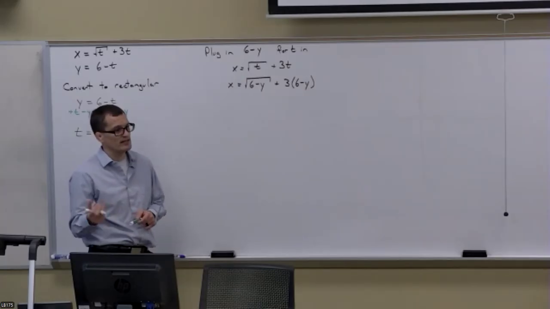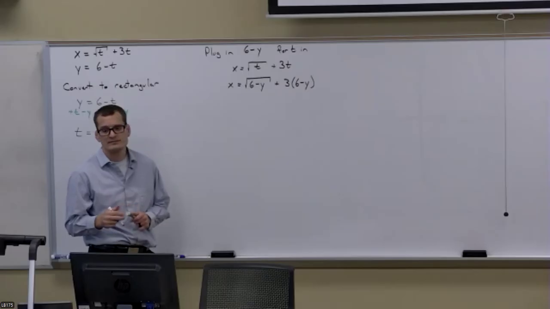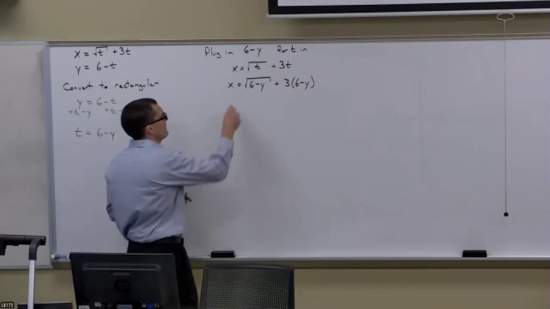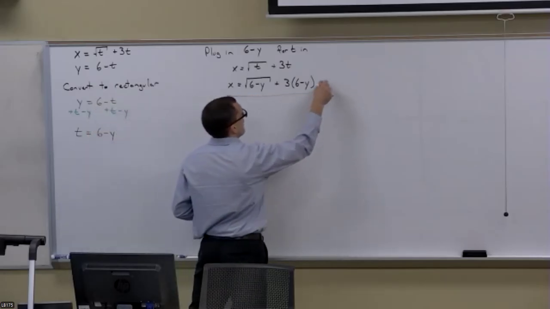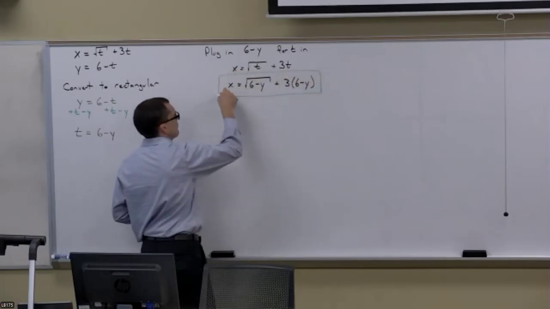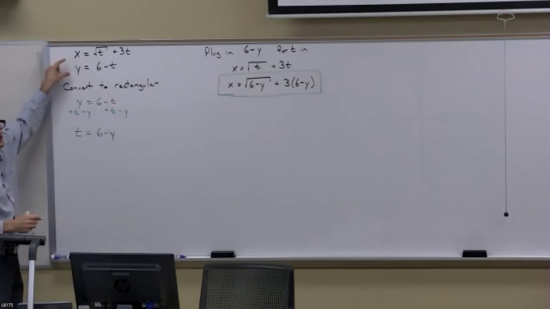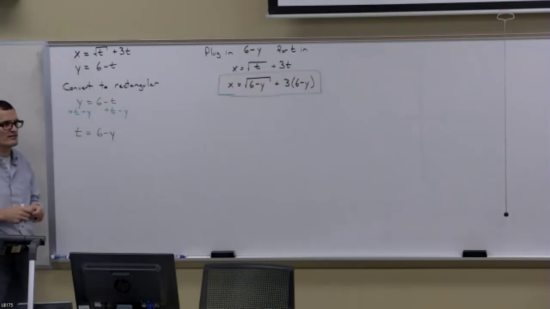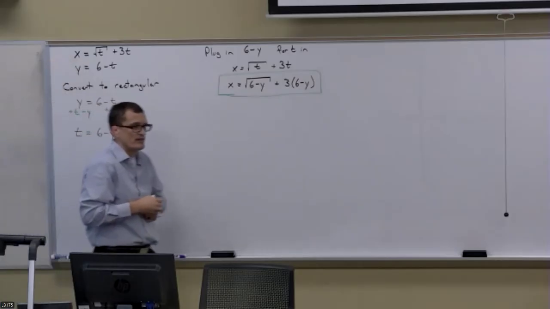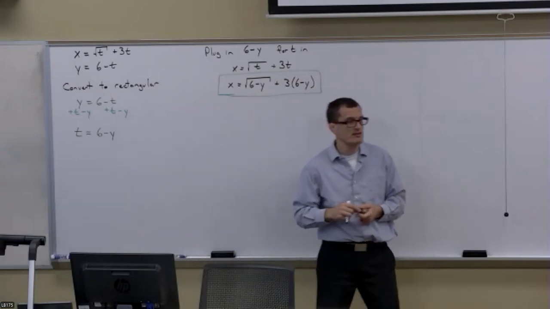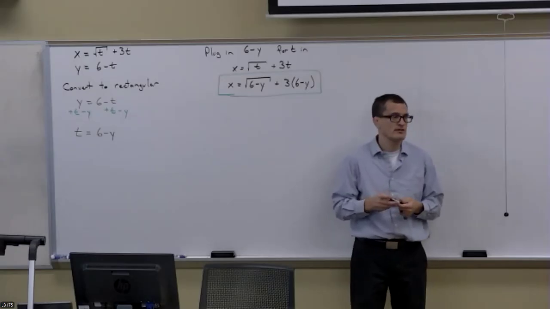That's going to be 18 minus 3y if you multiply it out. So this is a rectangular equation that gives you the same graph as that set of parametric equations.